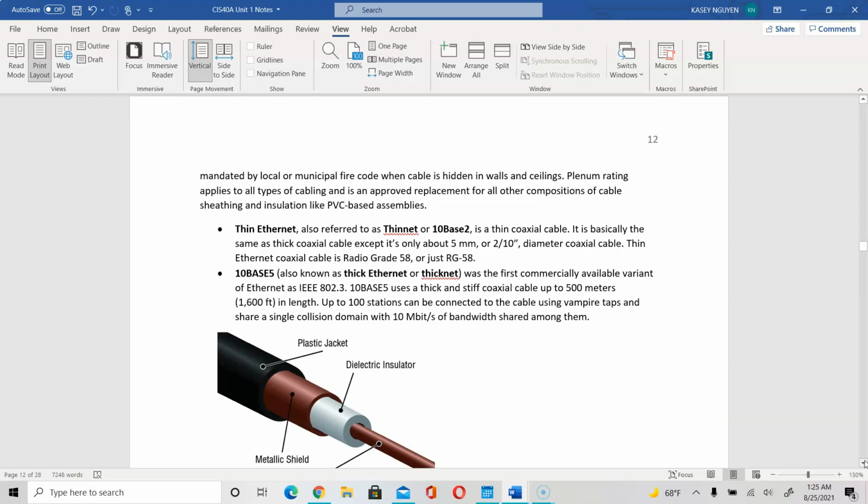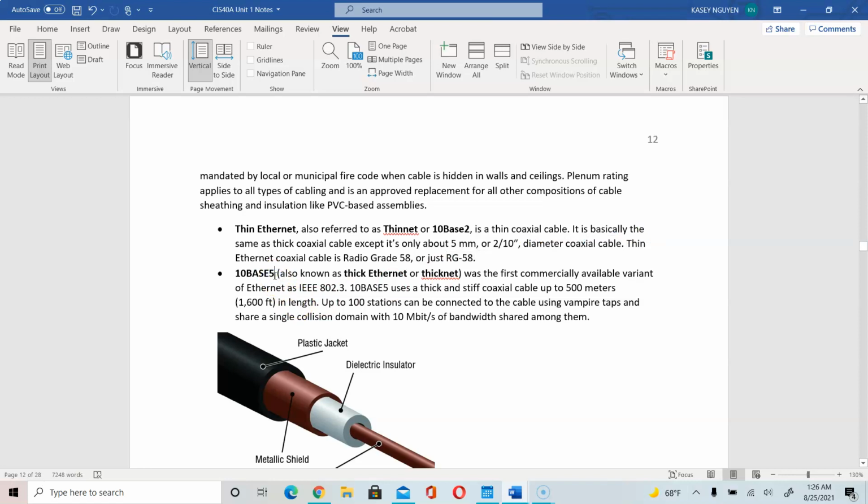So thin Ethernet cable is a radio grade 58, so its connector is RG58. You don't see many of these anymore because we have better coaxial cable now, but if you do work with some older type of network or systems, you would see RG58.